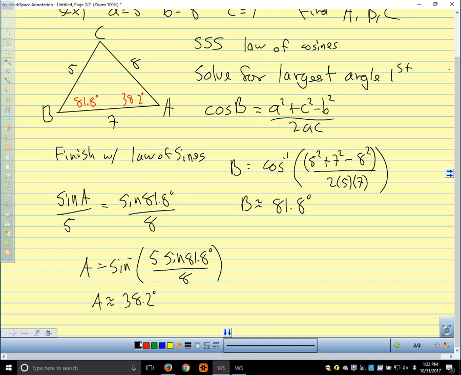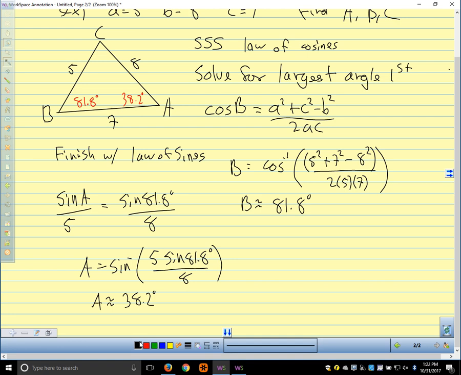So it's only going to give you an acute angle as an answer for an inverse sine question. But the domain restriction for the inverse cosine is 0 to pi, so your calculator will give you an obtuse angle when you use the inverse cosine.